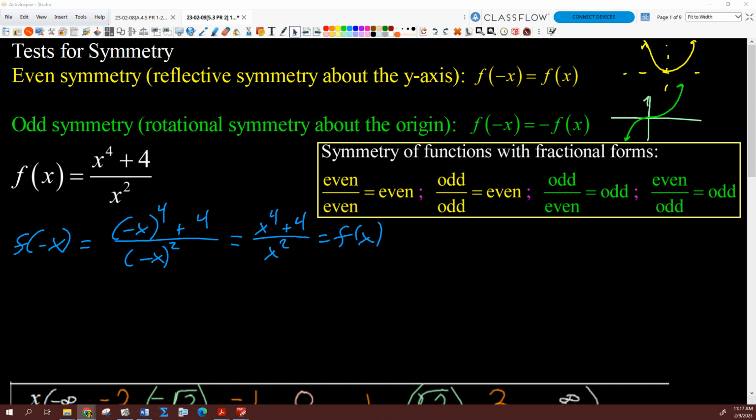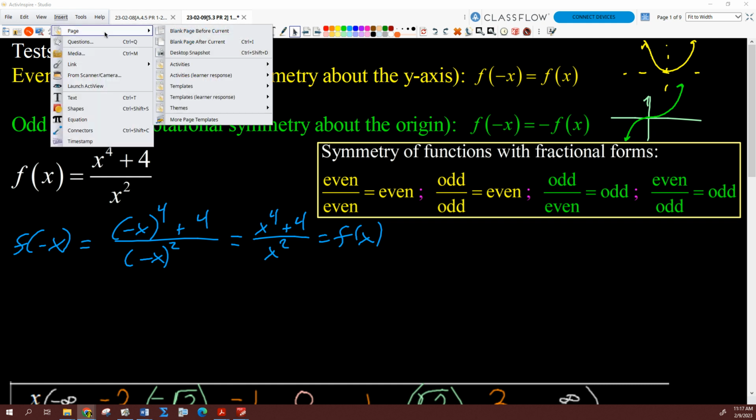So for example, you tell me real quick, this polynomial, what kind of symmetry does that have?